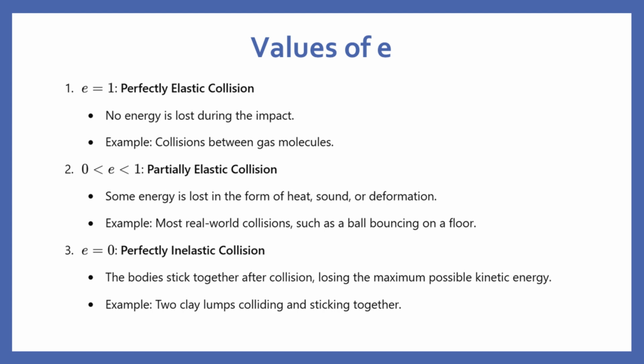Perfectly inelastic collision: E equals 0, the bodies stick together after impact, resulting in maximum kinetic energy loss, like two clay lumps sticking together. These categories help analyze the nature and energy transformations in collisions.